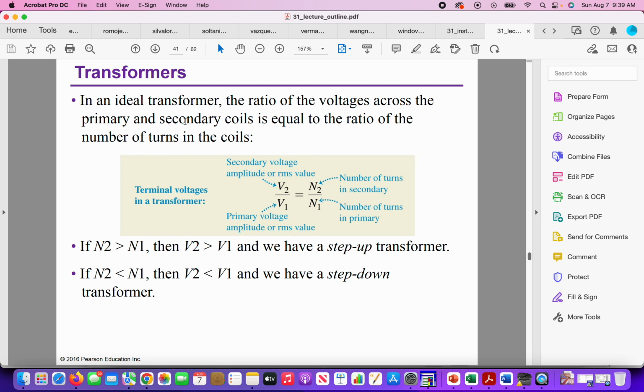In an ideal transformer, the ratio of the voltages across the primary and secondary is equal to the ratio of the number of turns in the coils. V2 over V1 equals N2 over N1, representing the number of turns in the secondary and the primary coils. If N2 is greater than N1, then V2 is greater than V1, and we have a step-up transformer.